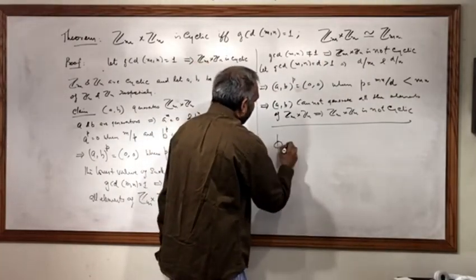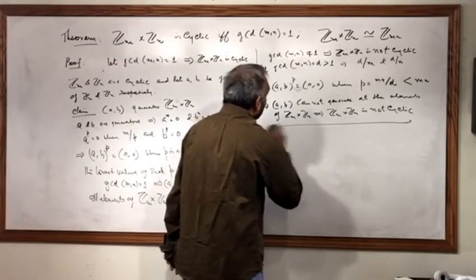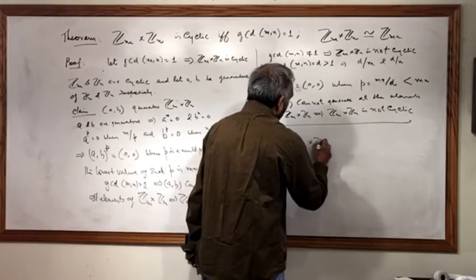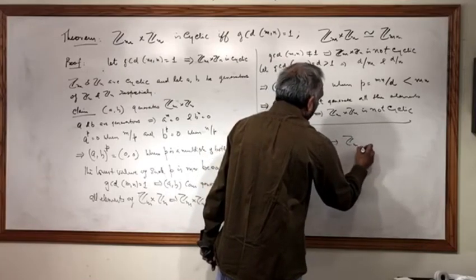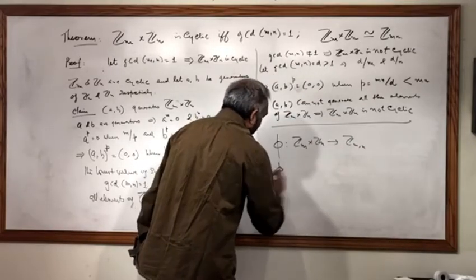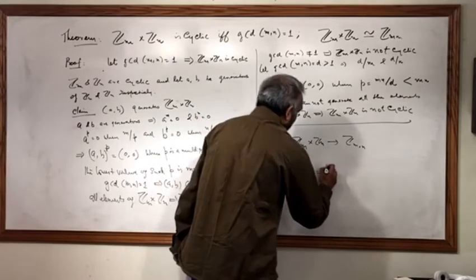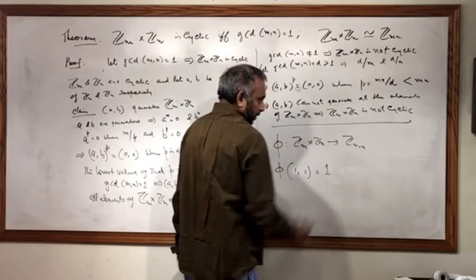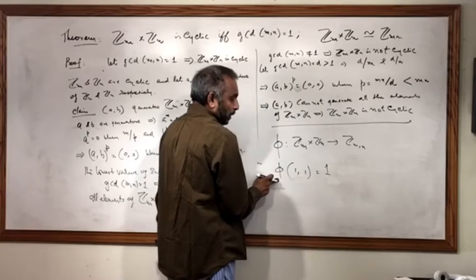So I'm going to just define the isomorphism here. You can verify it. So the isomorphism from Zm cross Zn to Zmn defined by phi of (1, 1) is equal to 1. So this is a generator of this and this is a generator of this. When this is a generator of this, that means phi is well defined.